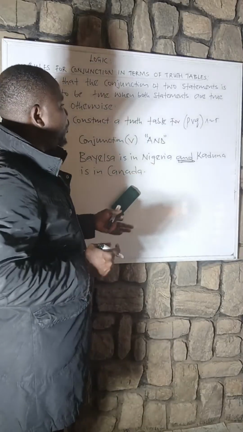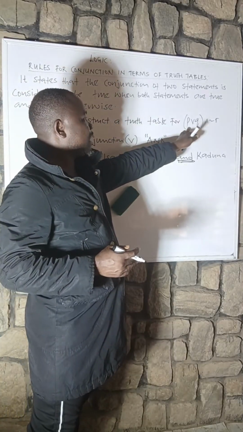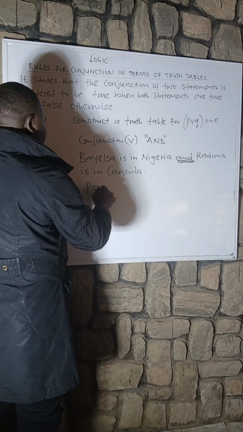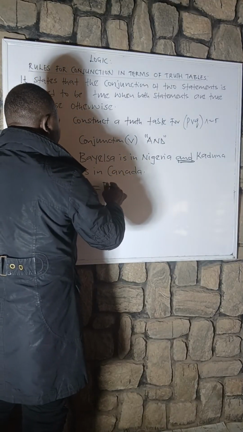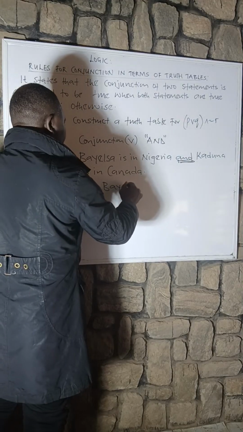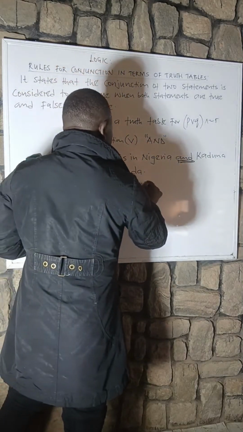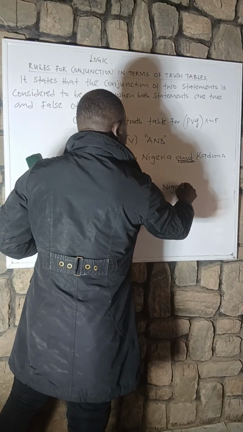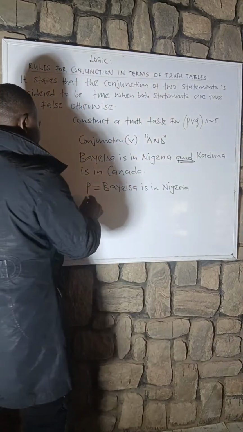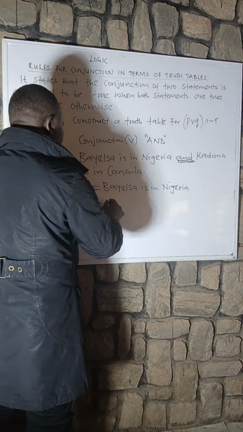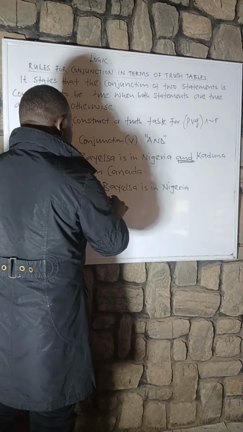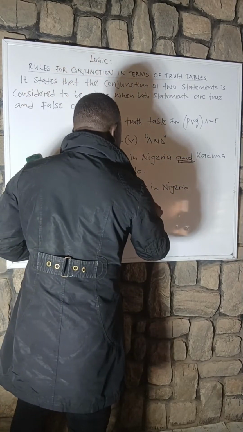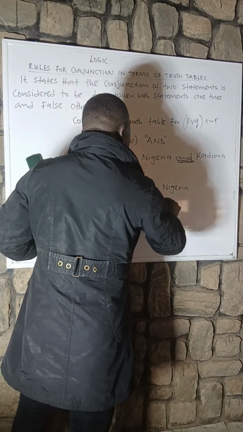So if now we want to transform it in this form, it means we now let P be equals to Bayelsa is in Nigeria, then Q will now be equals to Kaduna is in Canada.